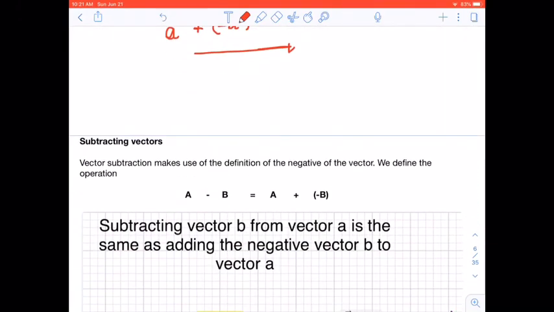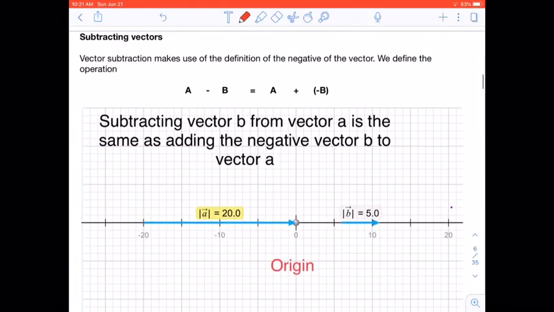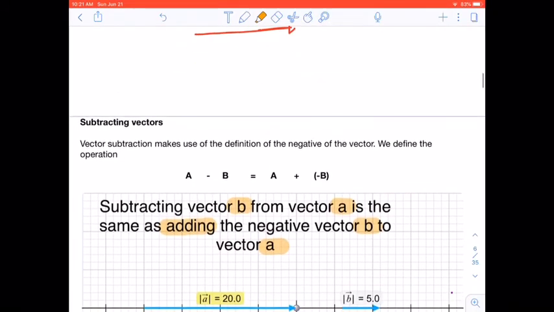Now let's look at subtracting vectors. Subtracting a vector B from a vector A is the same as adding the negative vector B to vector A. Now let's look at the rule here.